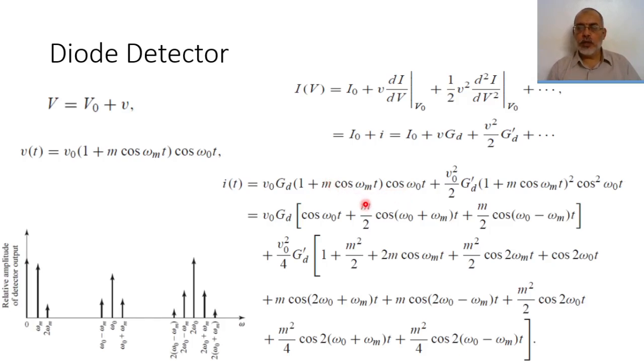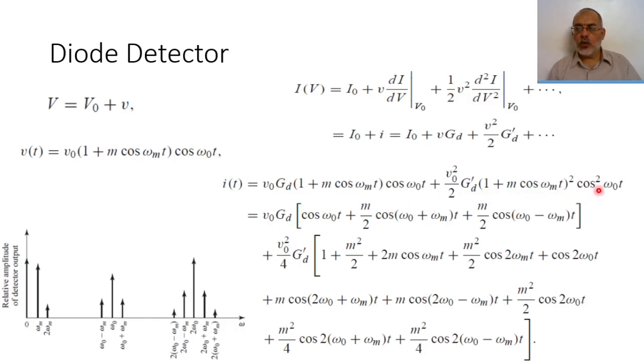So this would be m over 2 cosine (omega naught plus omega_m) plus m over 2 cosine (omega naught minus omega_m). This is the term m cosine omega_m t cosine omega naught t. These are the two terms.